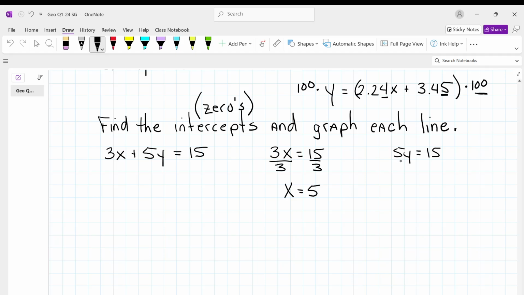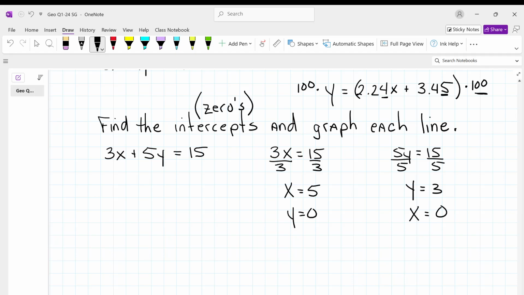In this second equation, if we divide both sides by 5, we get a y that's equal to 3. Now, since we wrote this the way we did, x is equal to 5 when y is equal to 0, and y is equal to 3 when x equals 0.